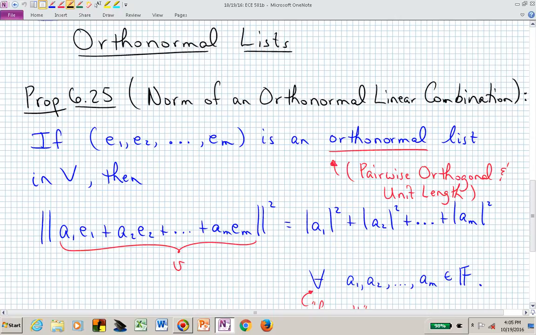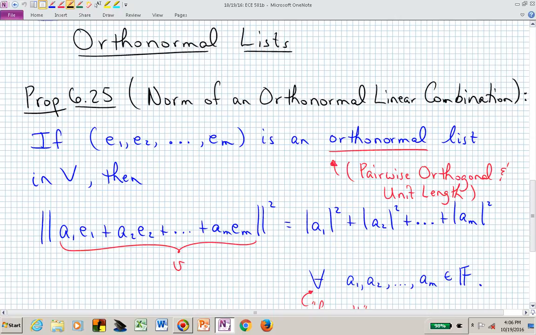All we really have to do to find the norm squared is to take the absolute value of each of these scalars and square it and add those up. And that's all playing on the fact that E1 is orthogonal to E2. E1 inner product with E1 gives you the norm squared of E1, but the norm is 1.